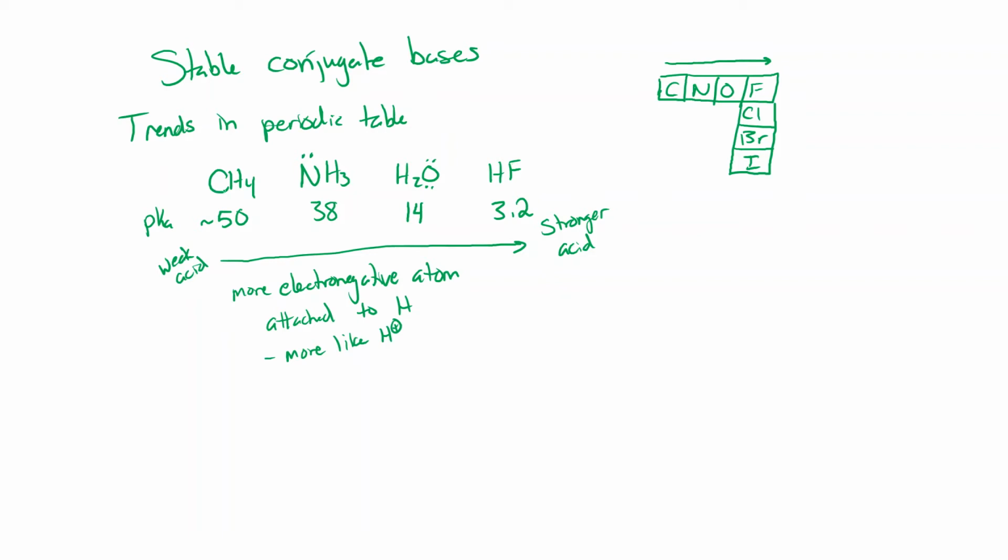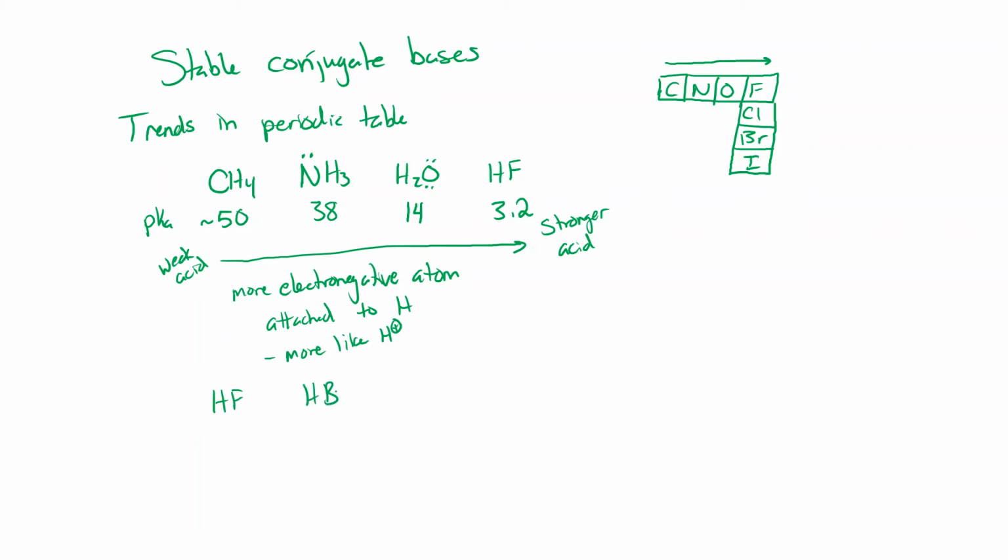If you look at methane, there's no dipole there, no polarization, and so the hydrogen will have no delta plus character associated with it. Of course, it's not going to act as H plus because there's no reason for it to do so. So electronegativity is the argument that we use to justify this trend: as we go to the right of the periodic table, the pKa gets lower and the acid gets stronger.